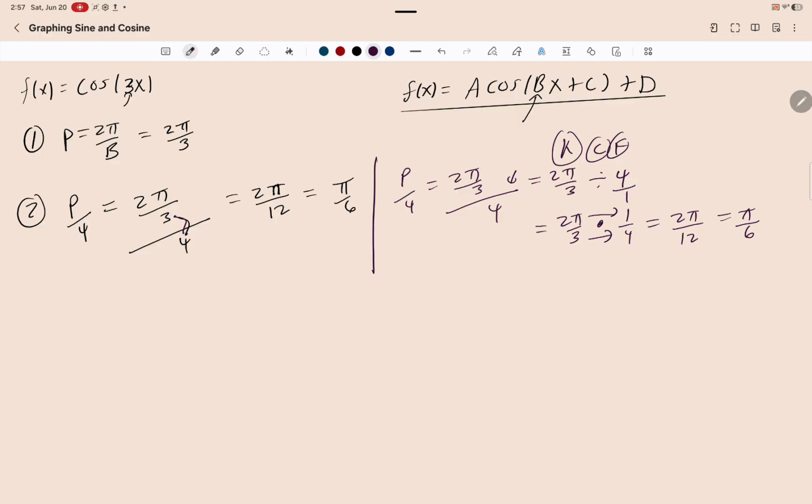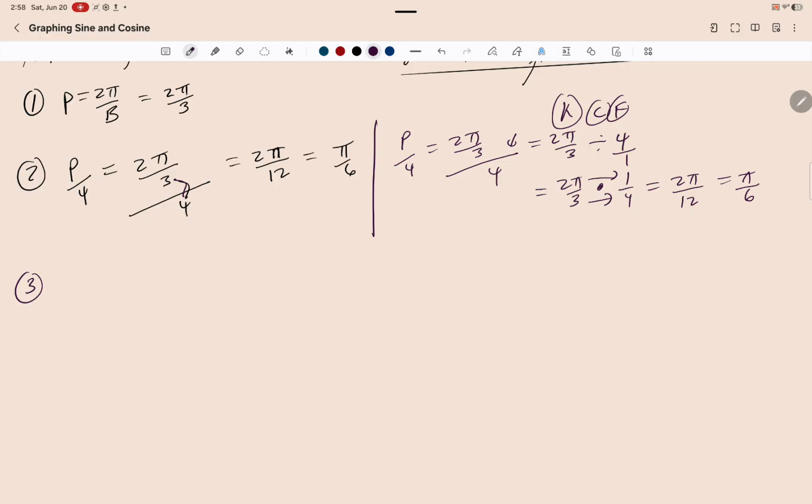So, okay, fine. Now that step 2 is out of the way, remember, starting at 0, we're going to add the pi over 4th value over and over again to the previous number, until we get our period, in this case 2 pi over 3. So now I start at 0, so I'm going to add pi over 6 to it, so I get pi over 6.